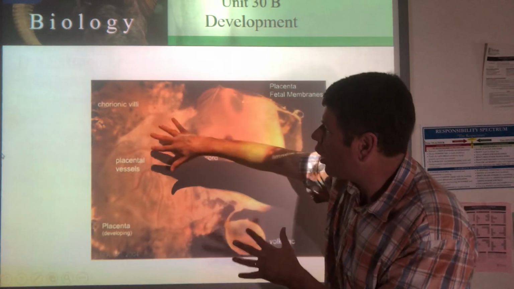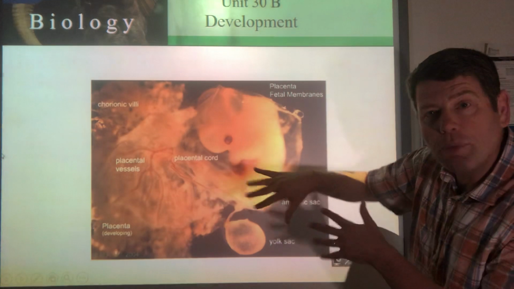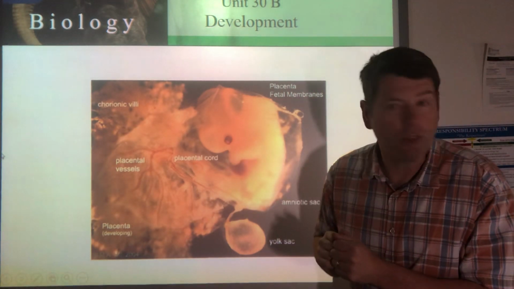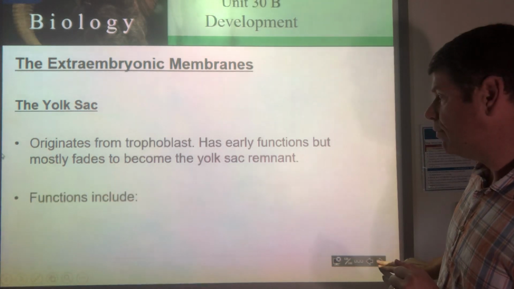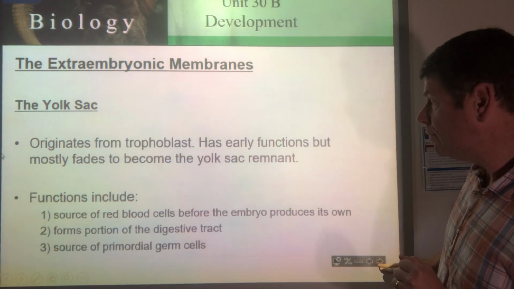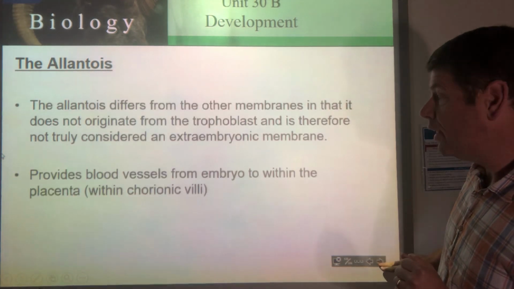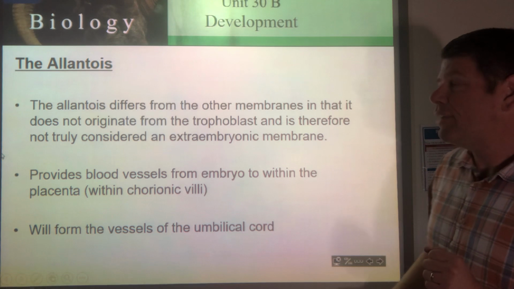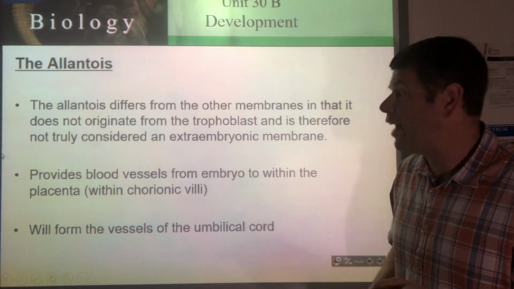The chorion produces what we call these projections called villi or fingers that actually are able to mesh with the mother cells. Okay, so I talked about that yolk sac. The allantois, I haven't mentioned the allantois yet, but that's the allantois. It's the beginnings of the umbilical cord, and I'll show you that in a minute.